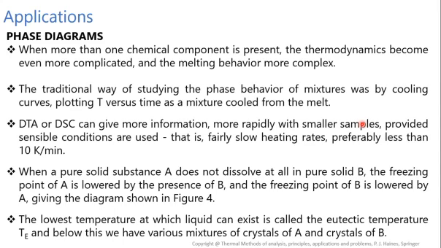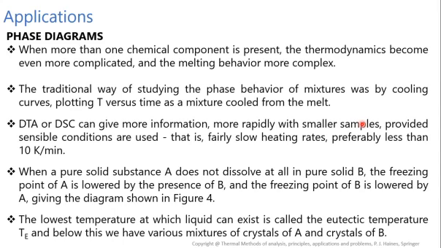Then the next one is the phase diagram. First of all, what is meant by a phase diagram? When more than one chemical component is present, the thermodynamics become even more complicated and the melting behavior is more complex. If only one compound is there, we can predict the thermodynamics for that compound and analyze its physical properties.